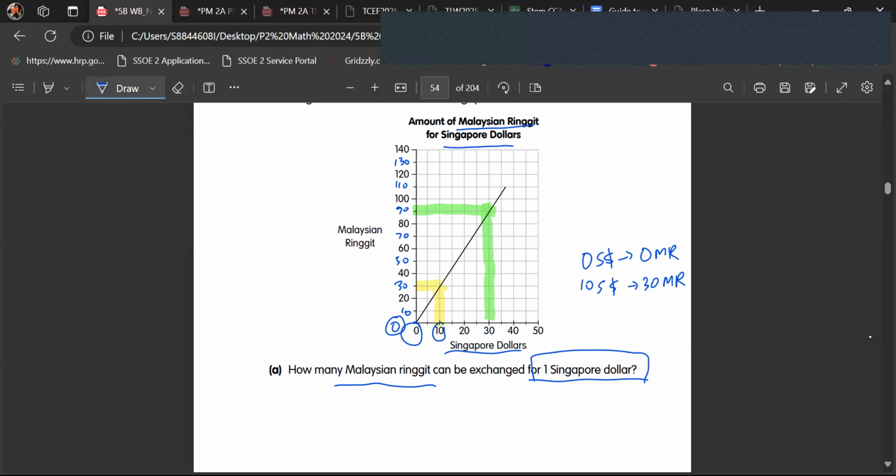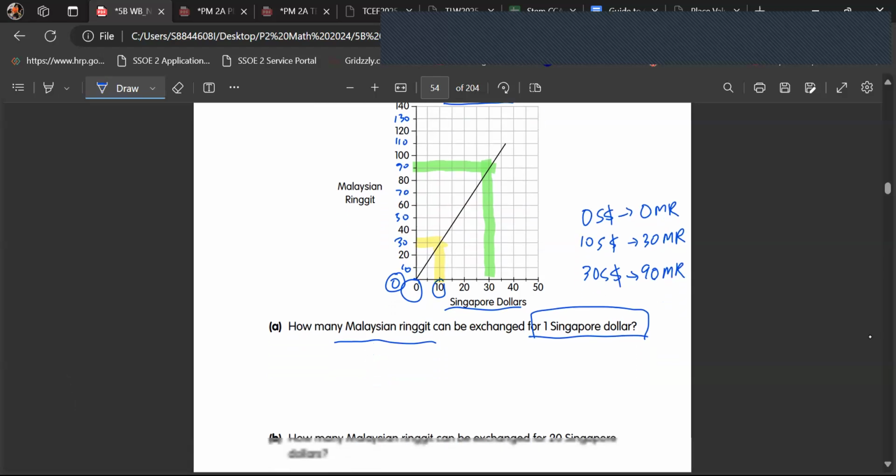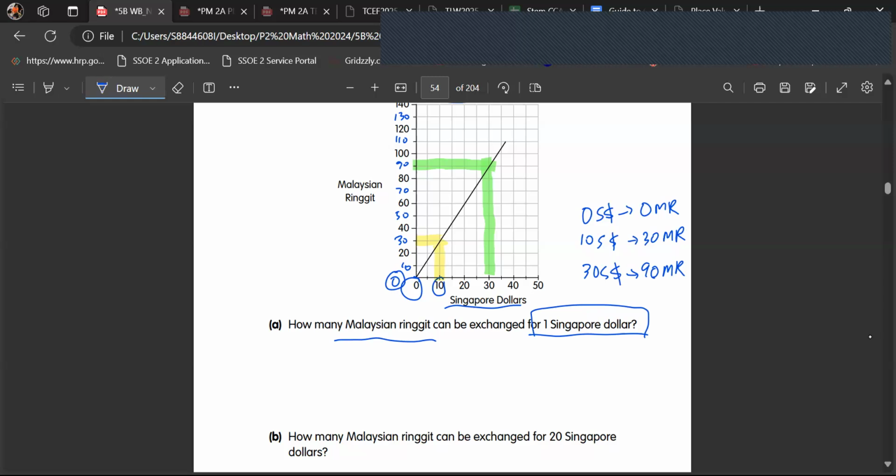So based on the graph, if it's 30 Sing dollar, I can read off the graph easily, 90 Malaysia ringgit. So I can answer here already. So 10 Sing dollar is 30 Malaysia ringgit.